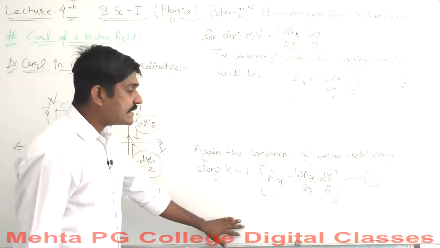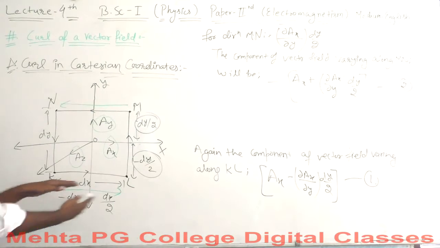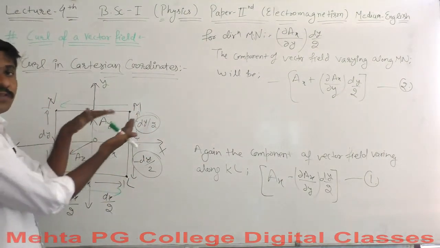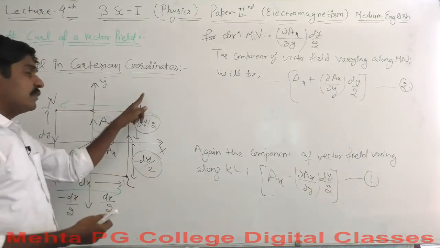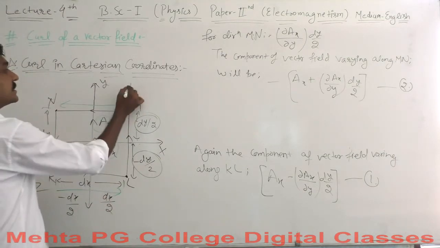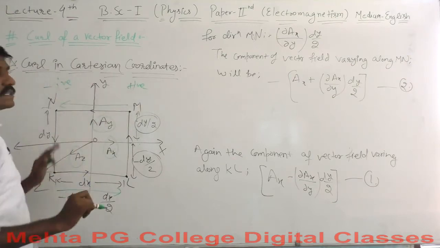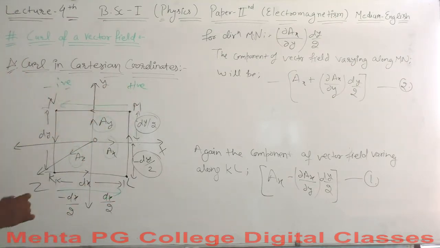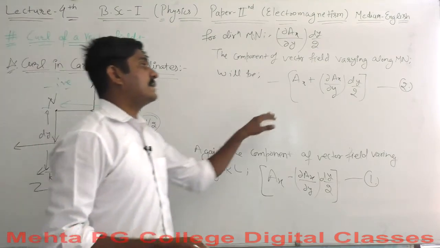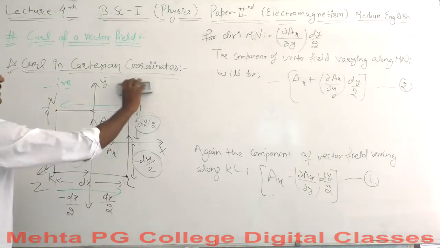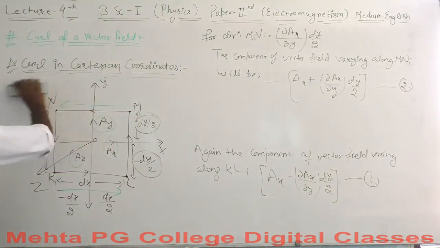This is varying from negative to positive direction, but this is again following a negative direction, flowing from positive to negative, as this is the positive direction for the x-axis and this is the negative direction for the x-axis. That's why it is symbolized as a negative quantity here. Well, this is not so needed here.